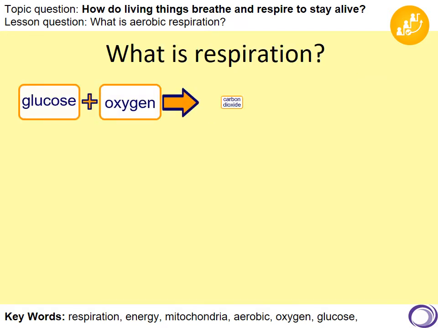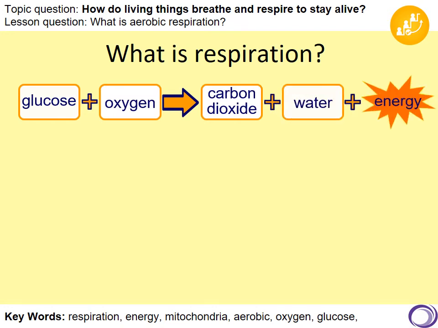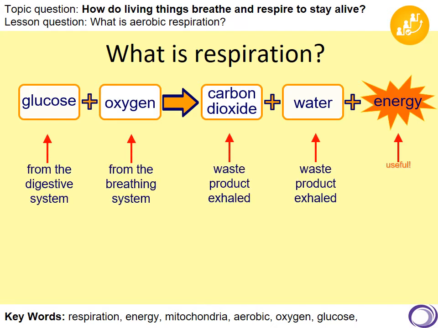But what is respiration? Well, respiration is glucose and oxygen reacting together to form carbon dioxide and water, and during that process they will also release energy. So the glucose comes from the digestive system and from the food that we eat, and particularly carbohydrates. Oxygen comes from breathing in, and then the carbon dioxide and water are both waste products, and both of these will be exhaled.